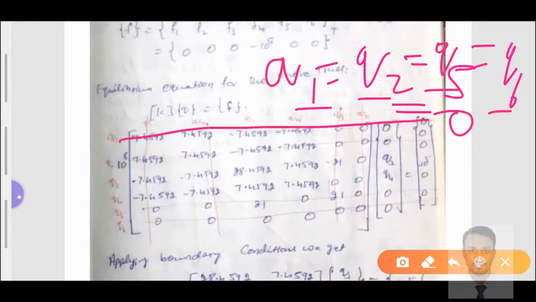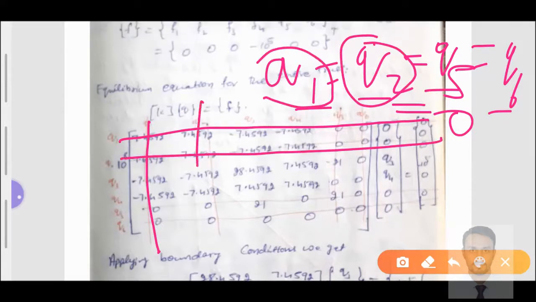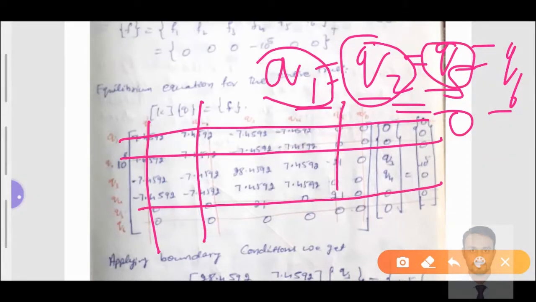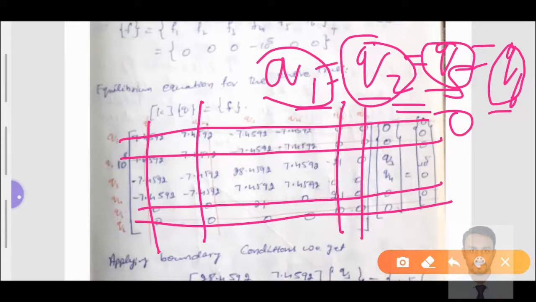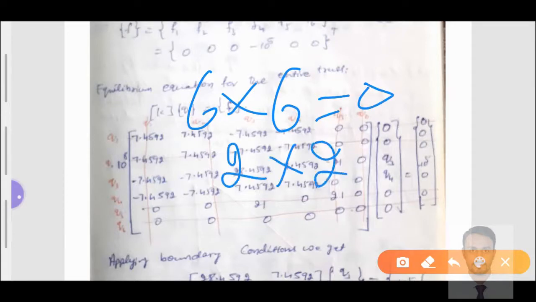I'll eliminate the first row, first column with respect to Q1, the second row, second column with respect to Q2, the fifth row, fifth column with respect to Q5, and the sixth row, sixth column with respect to Q6. Only this value remains, right? So that 6 cross 6 matrix yields a 2 cross 2 matrix after applying the boundary condition.